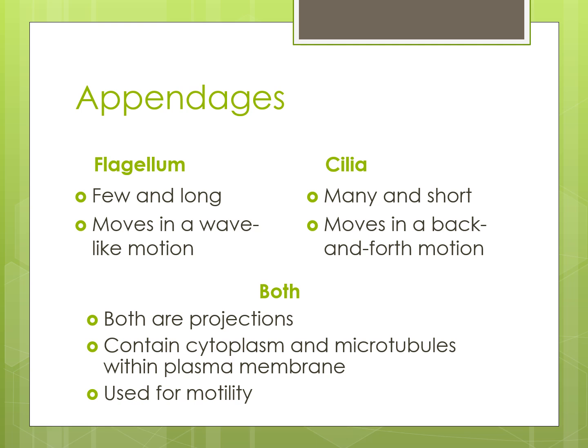There is a little bit of a difference between how flagellum and cilia function on eukaryotic cells, so we are going to discuss that momentarily. For both of them, they are projections and they're used for motility or some type of motion.